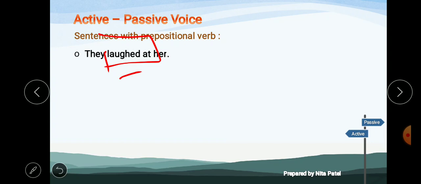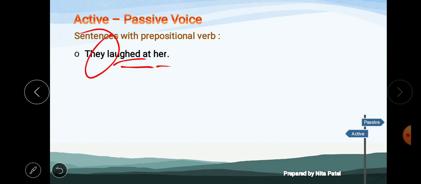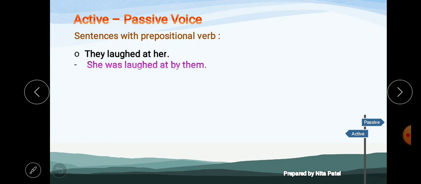So here what is our object? Her is the object. So she, now it is the past tense. So she was laughed at by them. She was laughed at by them. It's so simple. She was laughed at by them. Just we have to attach the preposition with the verb only.